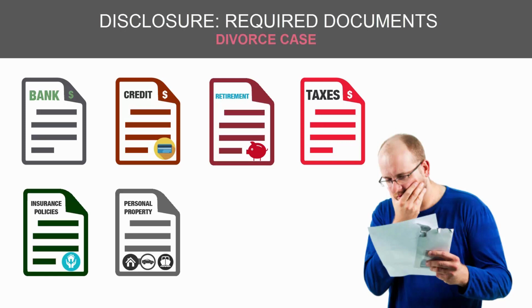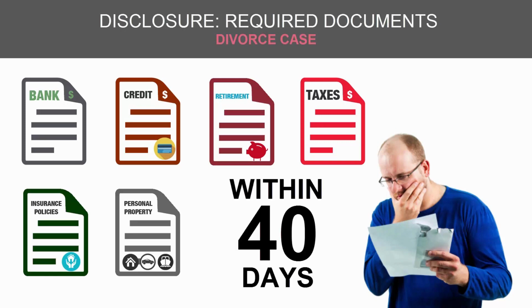You have to provide this information to the other side within 40 days after the response to the petition was filed. You also have an ongoing duty to disclose, so if you come across new or additional information that you haven't given to the other side, you have to disclose it within 30 days of receiving it.